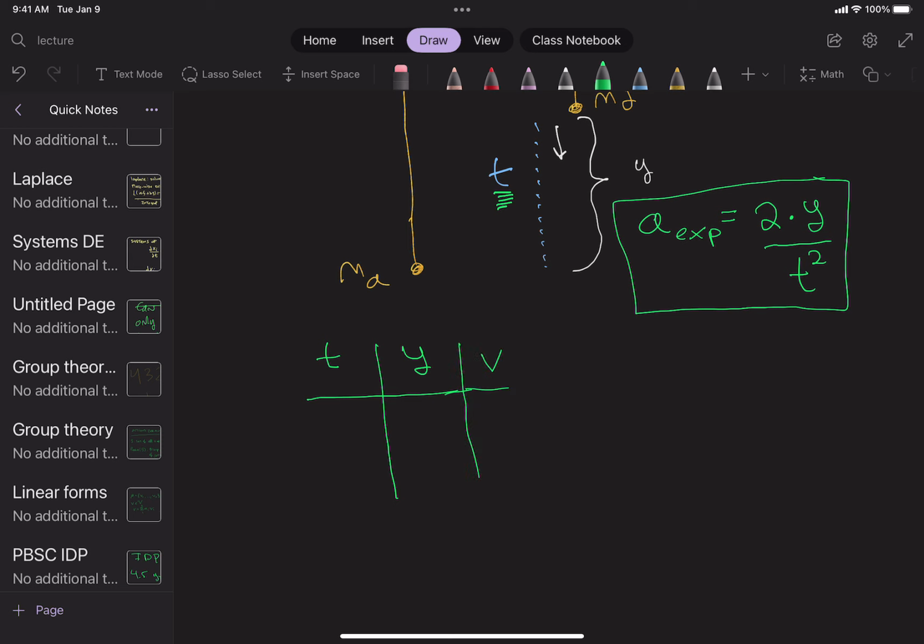From that, you're going to be able to calculate the acceleration using the following formula. Your experimental acceleration, A experimental, is just going to be 2 times the distance traveled divided by the time squared. So you're just going to be using these two columns here.